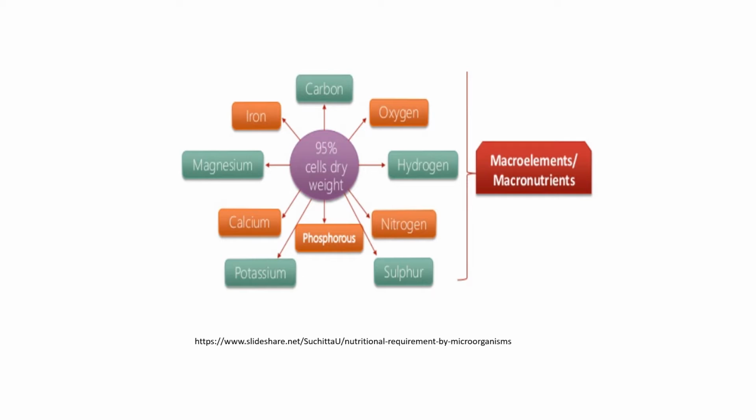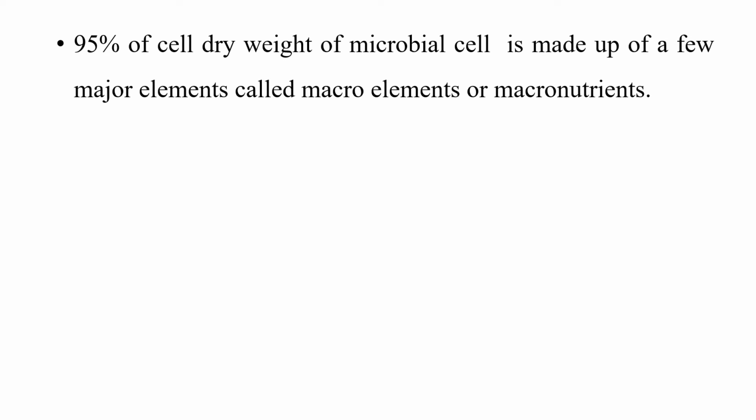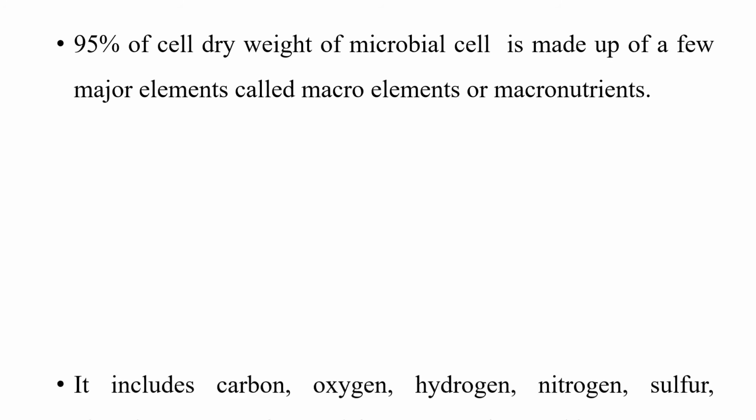Now we are going to see why they are called macroelements or macronutrients. The 95% of the dry weight of the microbial cell mainly consists of the major elements which are known as the macroelements or the macronutrients.